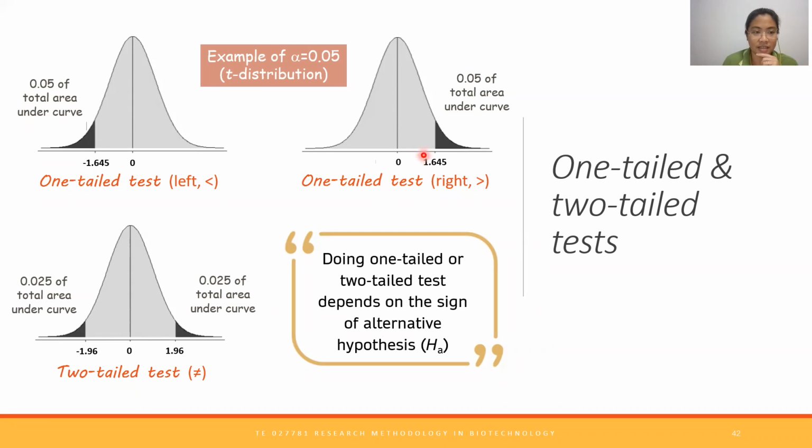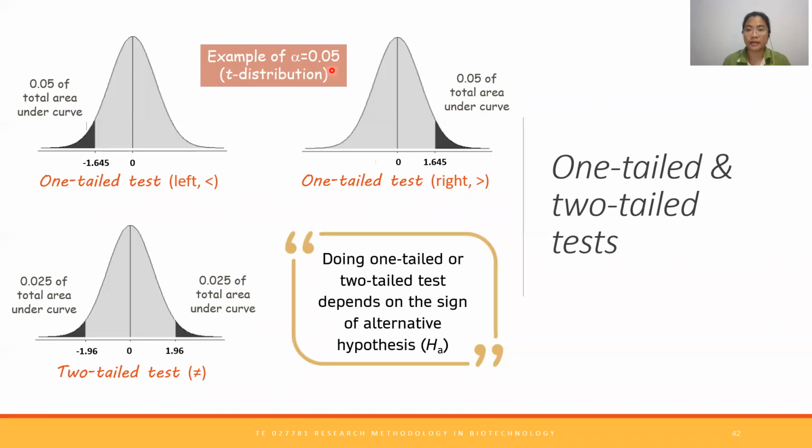See this first: 0.05 is 5% of the total area under the curve. It takes 5% of the total area under the curve, whether on the left-hand side or the right-hand side, if you are doing an alpha of 0.05.